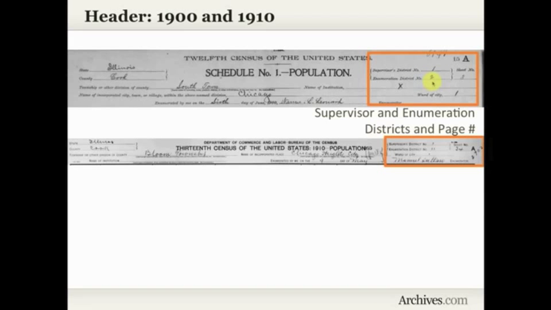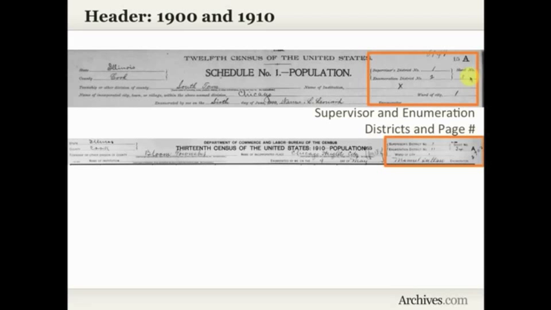It was a way to take a large section of, say, a city or a township and divide it up between the different census takers, between the different enumerators. So those are the numbers that we see here, along with the sheet number.